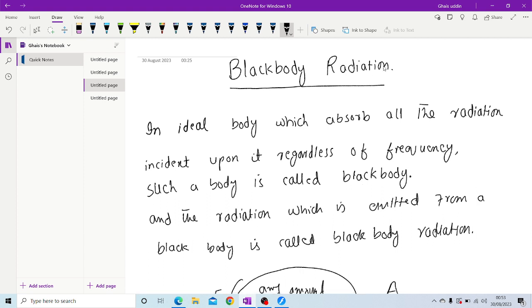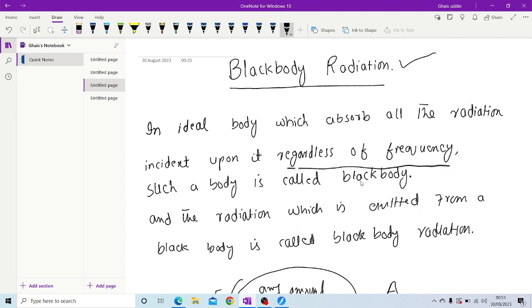We will discuss a few words on what black-body radiation is, because there is a lot more to it: the Rayleigh-Jeans law, Wien's displacement law, Stefan-Boltzmann law, and Max Planck's law. The main idea is that we can define a black body as an ideal body which absorbs all the radiation incident upon it, regardless of frequency.